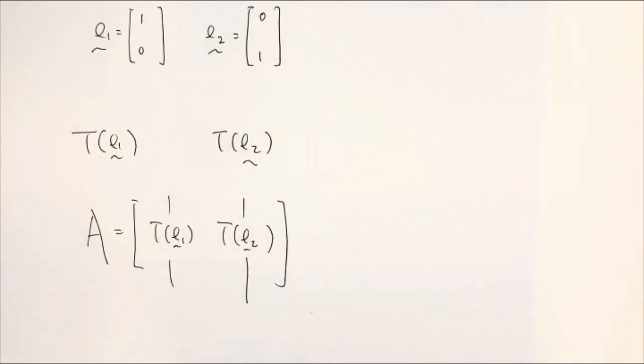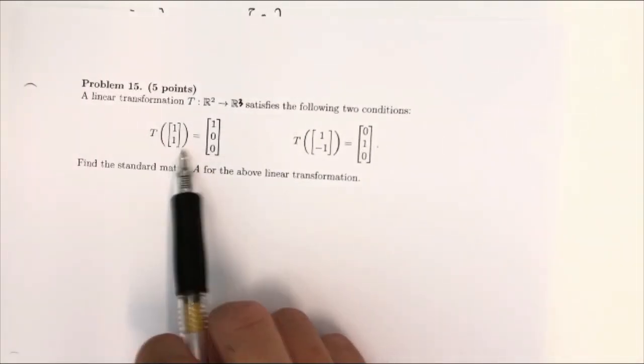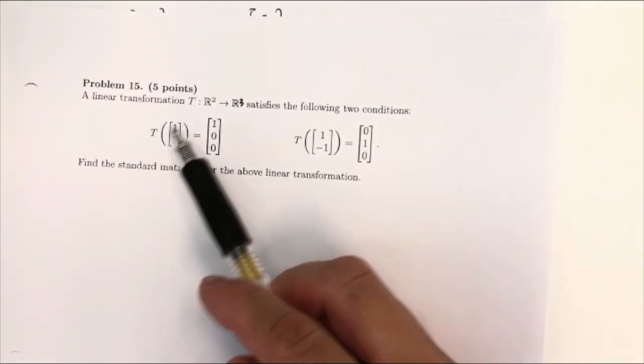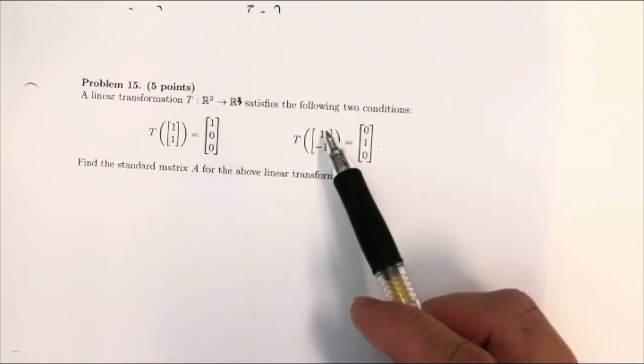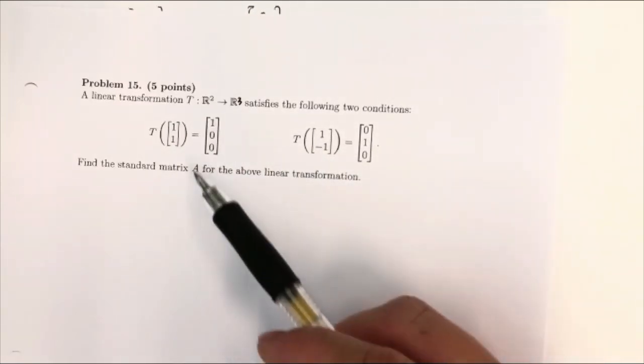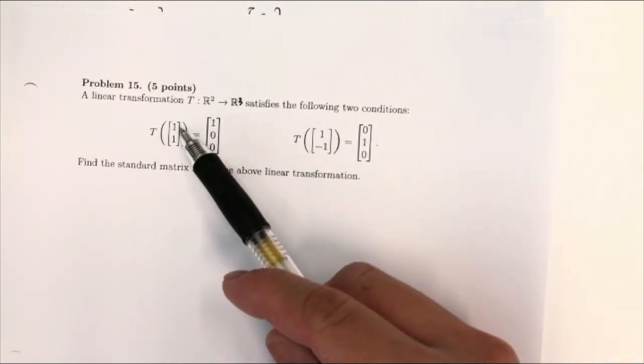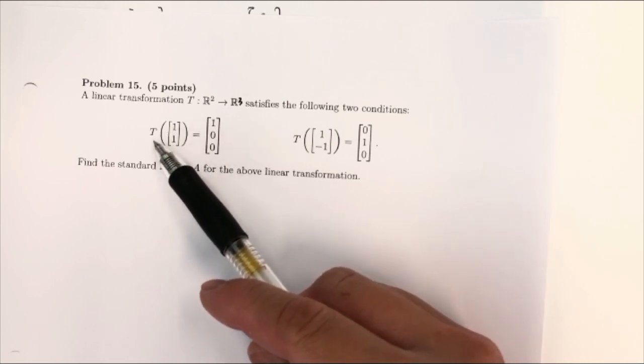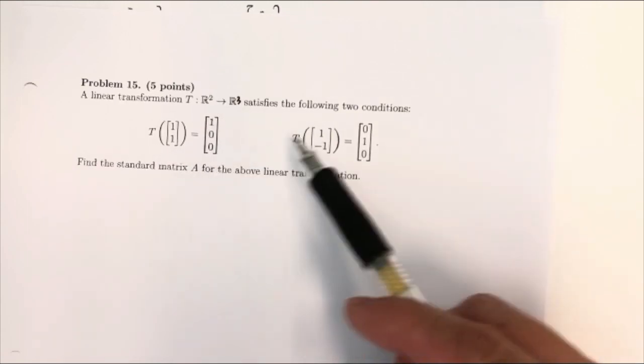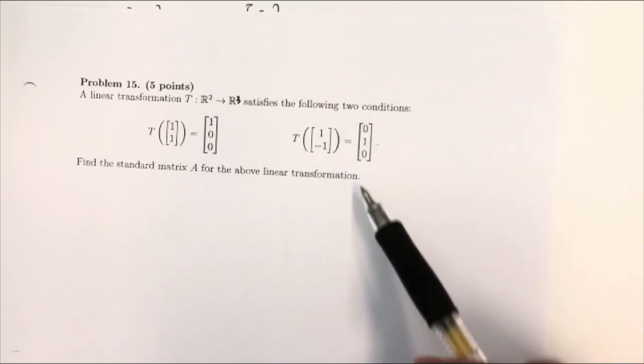The difficulty for our problem is that we do not have this information. We do not have TE1 and TE2; we do not have T(1, 0) and T(0, 1). Instead, what we have is that T takes (1, 1) and maps it to here, and T takes (1, -1) and maps it to here.